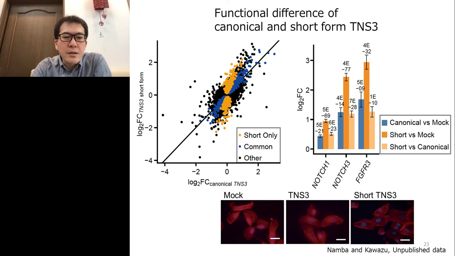But the effect size of short form TNS3 is larger than that of canonical TNS3. As shown at the bottom, the formation of stress fibers of actin filament is enhanced in MCF10A cells expressing short form TNS3.